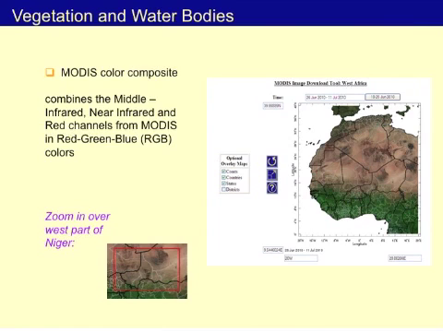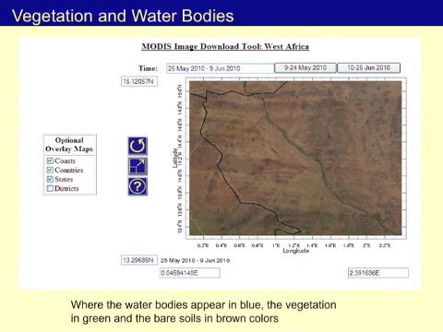I would like to zoom in over the west part of Niger, where we can see those properties. By using the left button of your mouse and dragging a box over the west part of Niger, you will obtain the following map. The result should be similar to this map.